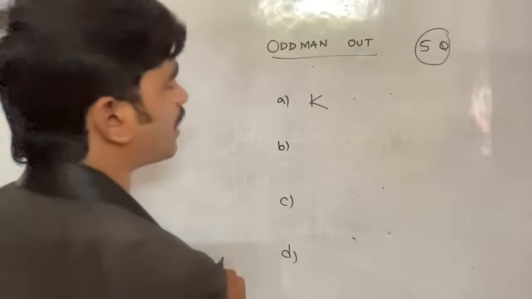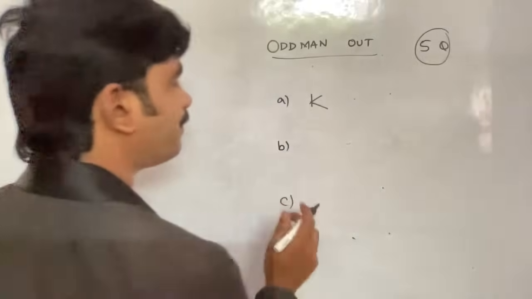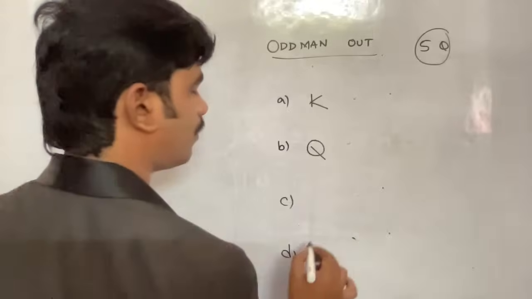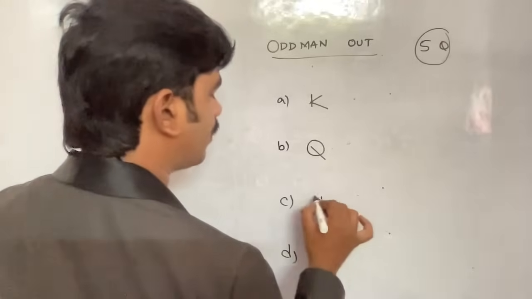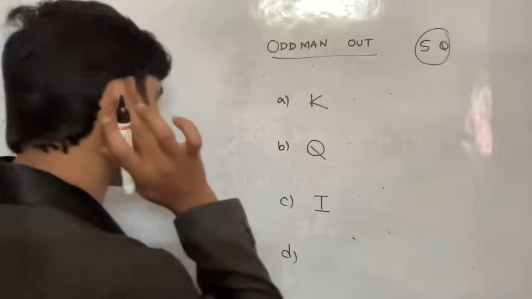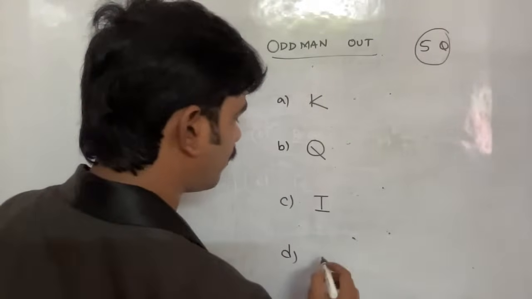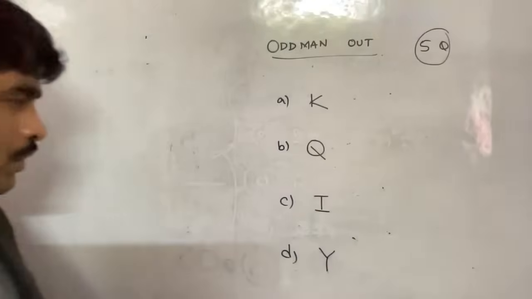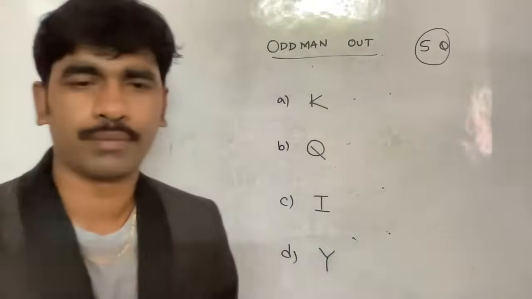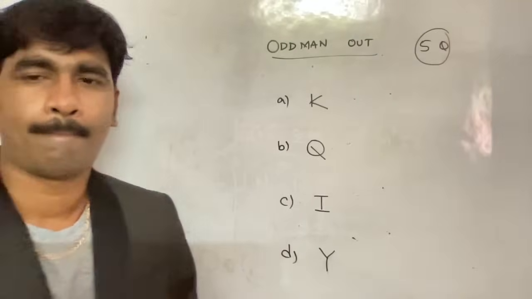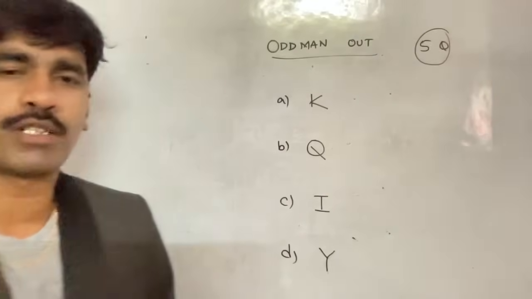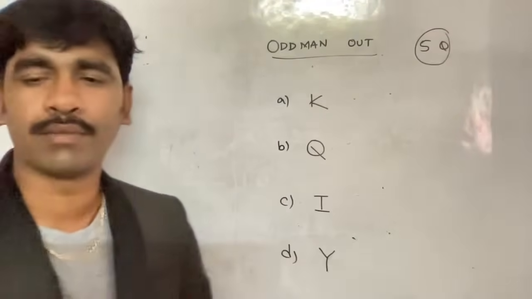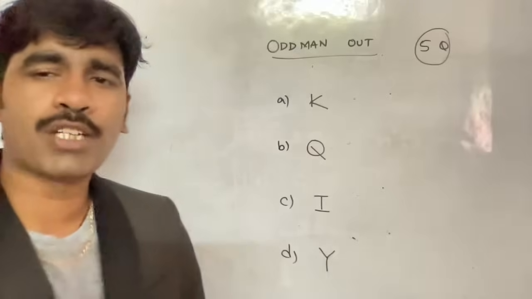For example, the question is given like this: K, Q, I, Y. Tell me what is the odd man out here. I'm looking for your response. Simple alphabets are there on the screen: K, Q, I, Y. You can use the chat box for responding.